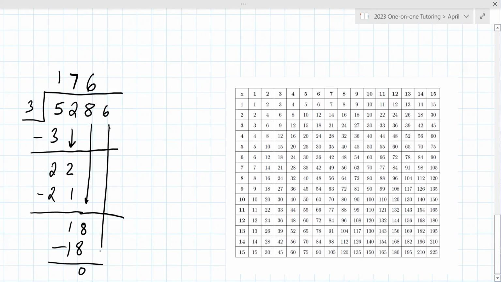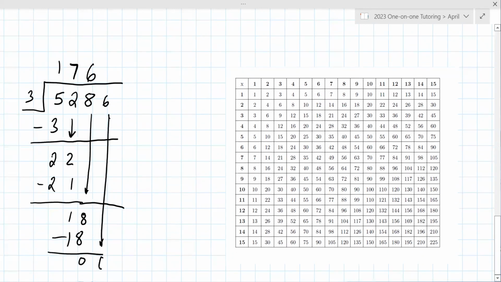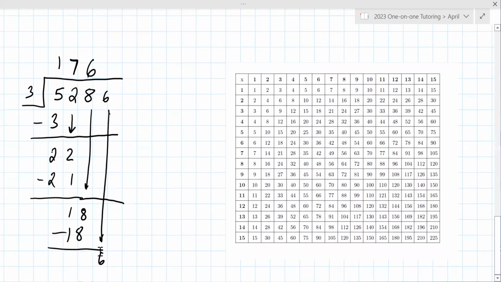That's okay. You just bring the 6 down and you just erase the 0. So the 6, you could read it as 0, 6, but it's better to erase it.